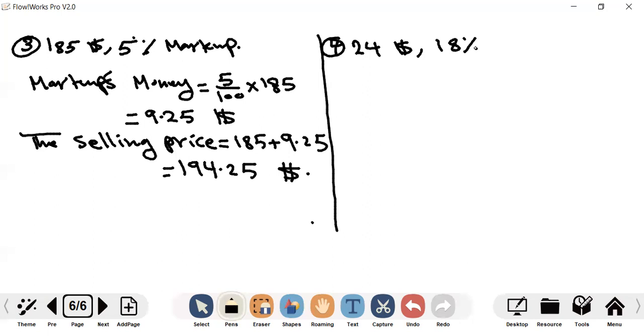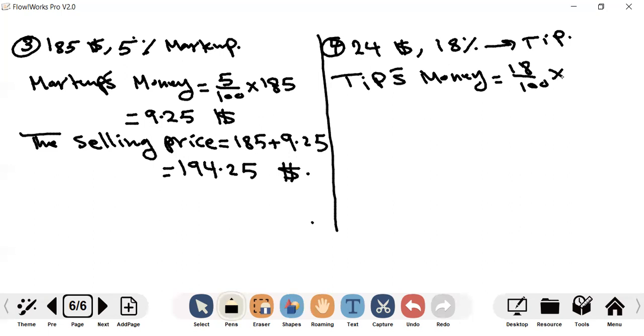First, we will find the tip money, right? So here the tip money equals 18 over 100 multiply 24 equals 18 multiply 24 equals $4.32.